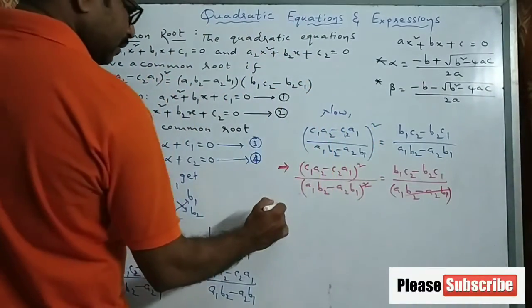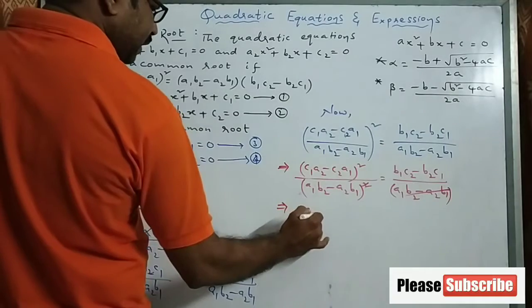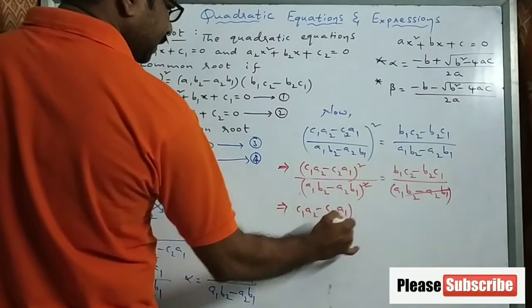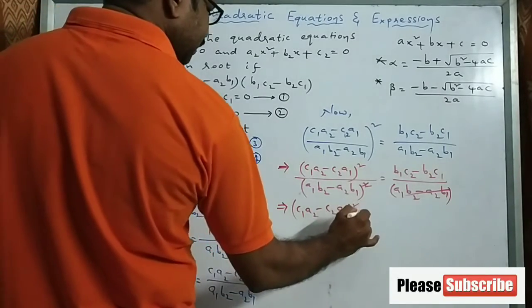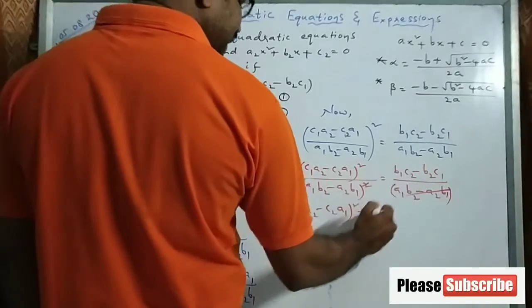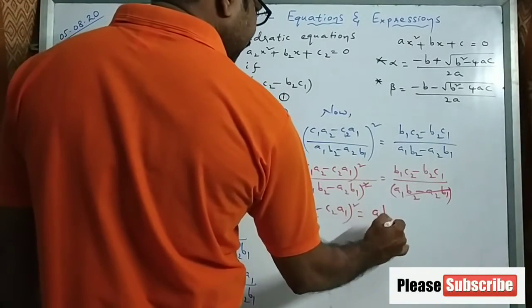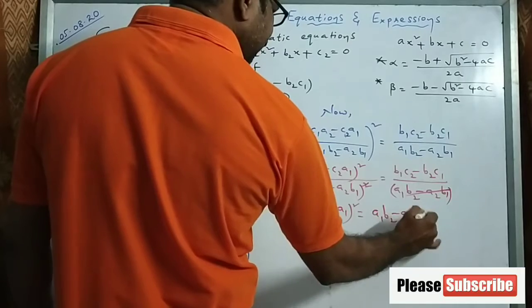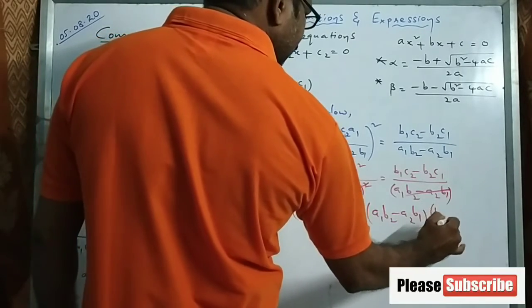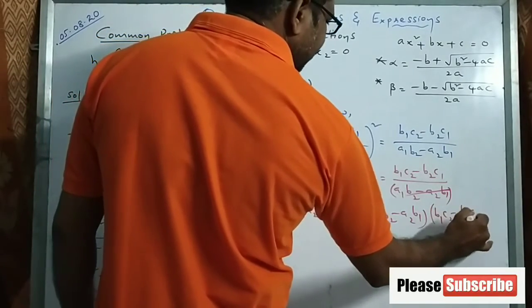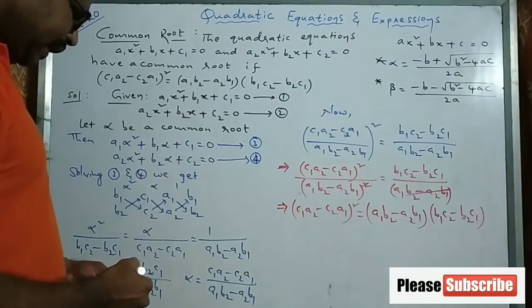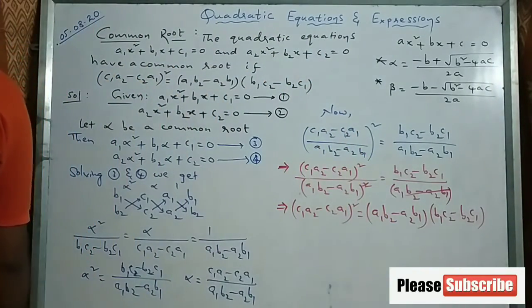So c1a2 minus c2a1 whole square equal to, by cross multiplication, a1b2 minus a2b1 into b1c2 minus b2c1. You can remember this result now.